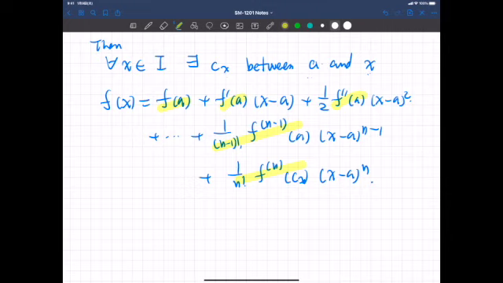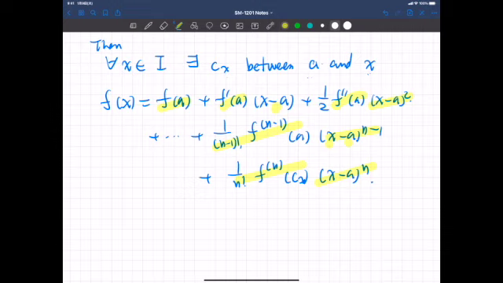Okay, and x minus a is a linear function of x, and x minus a squared is a quadratic function of x, and x minus a to the power of n minus 1 is a polynomial function of x with a degree of n minus 1, and of course this is a polynomial function of x.